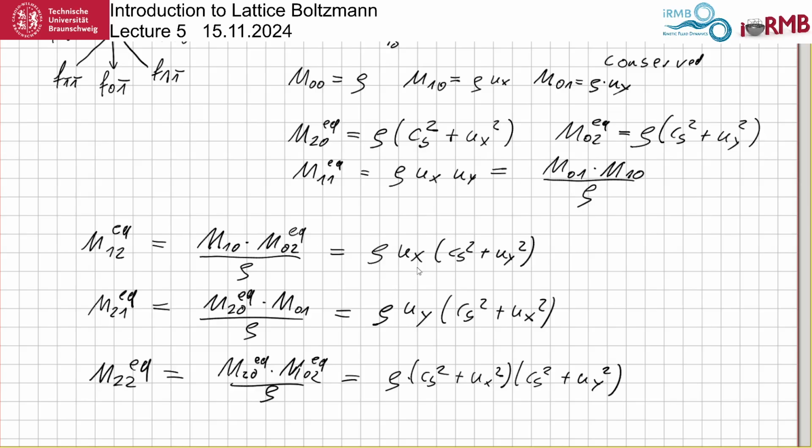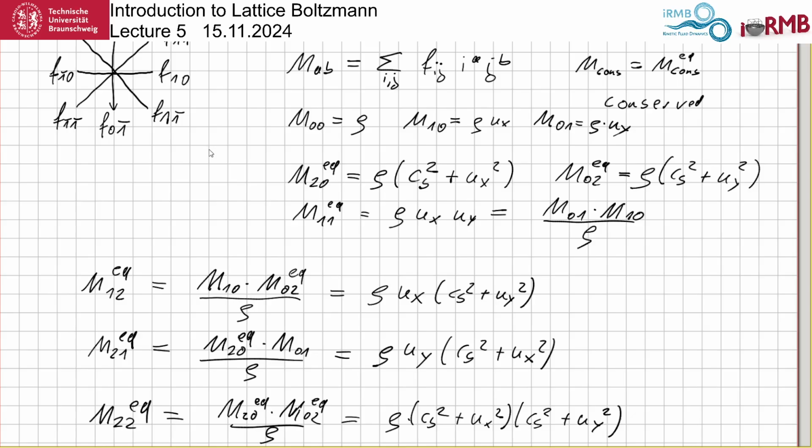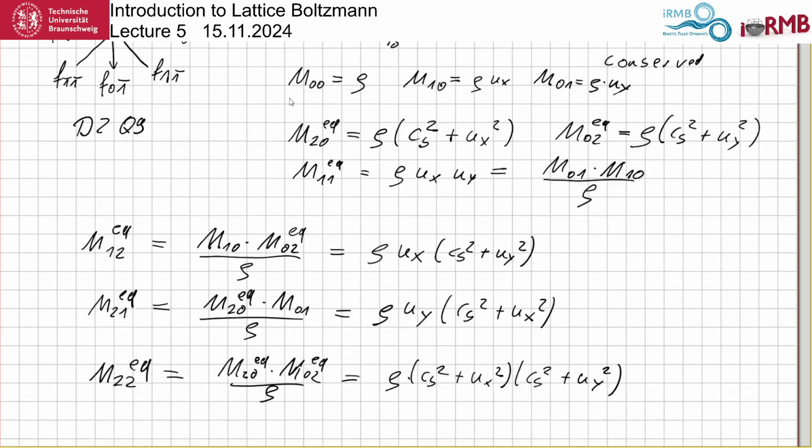Right, so these are the nine moments. So this is D2Q9, we have 9 distributions, and now we have set 9 moments.